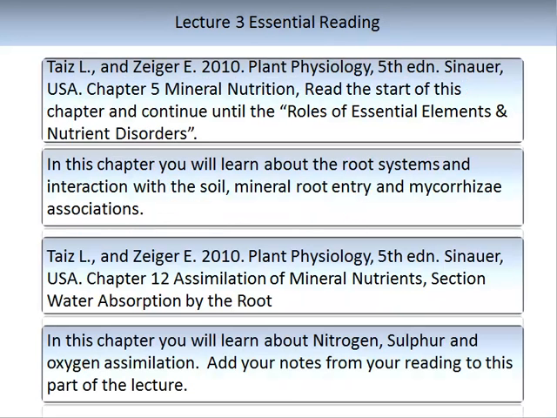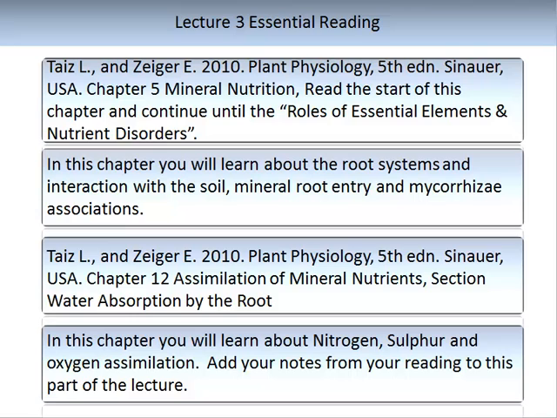There is what we call essential reading associated with this topic. By essential, it means that you need to do the reading and make some notes on it in order to complete your lecture notes. You may be tested on any component of this reading. Please refer to the Taiz and Zeiger 2010 Plant Physiology recommended textbook for reading the chapter Mineral Nutrition, Chapter 5.